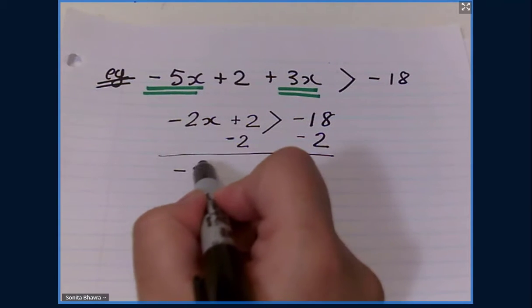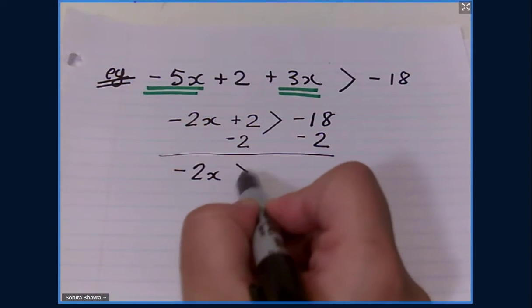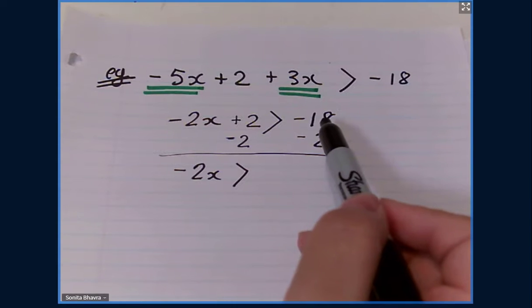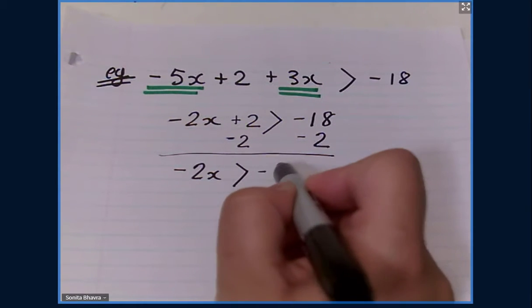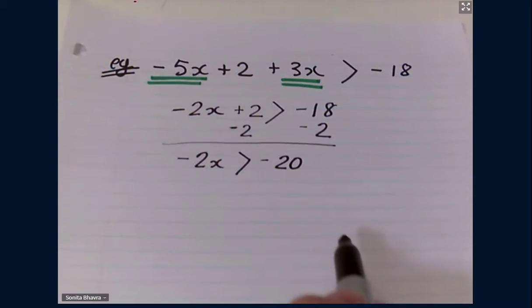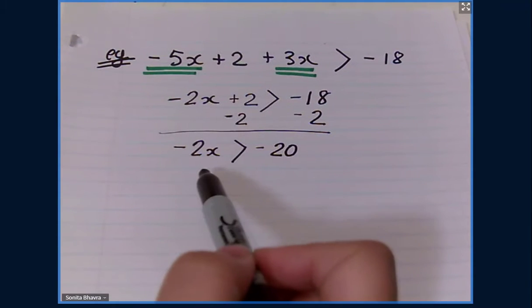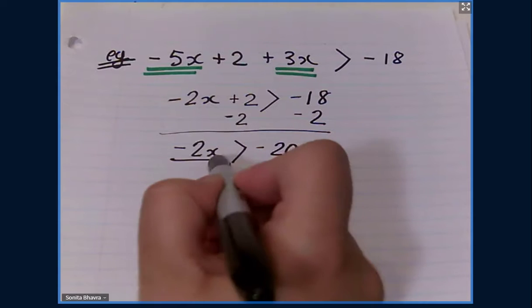That leaves me with negative 2x is greater than negative 18 minus 2 is negative 20. And now here we're going to be dividing by negative 2.